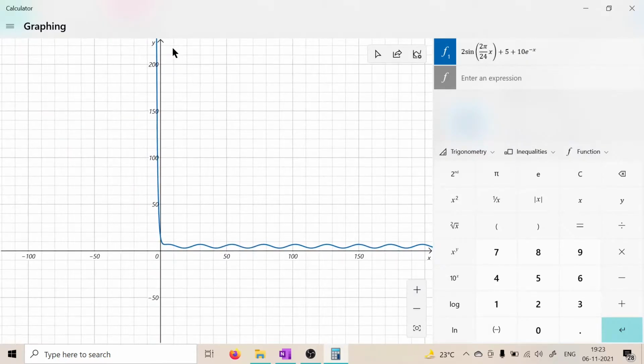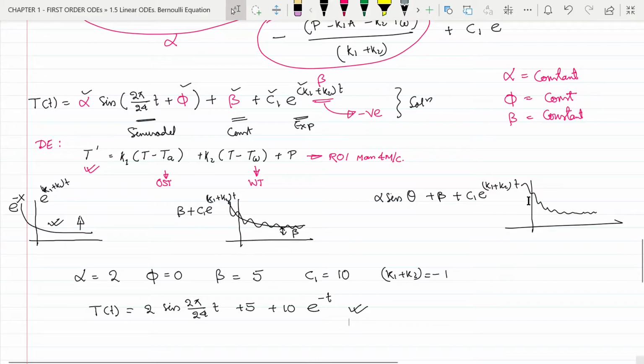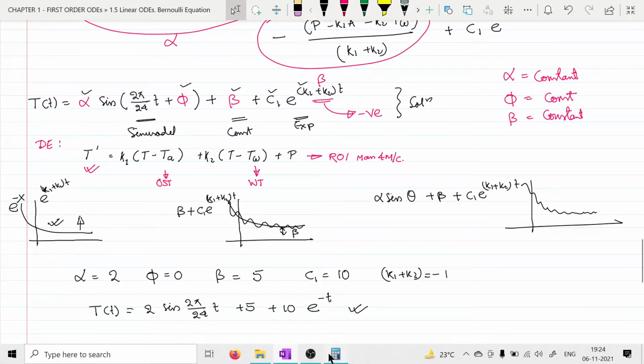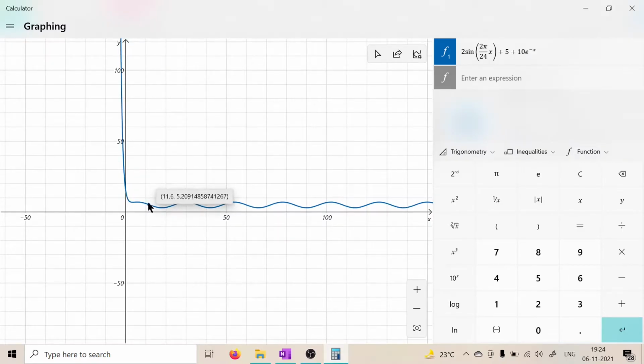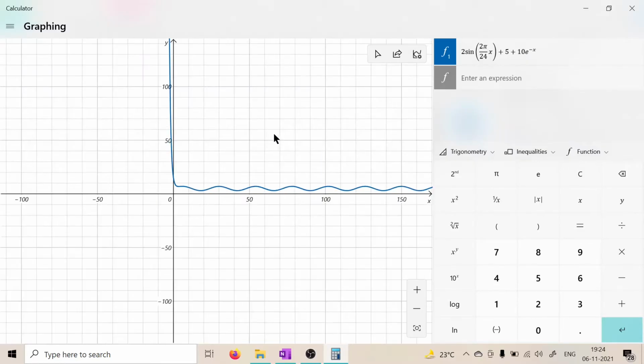We can see that it starts in the negative side from minus infinity, and in the positive side it looks like a sine wave, something similar to this. The reason is obvious because in the graph there are three terms: a positive offset term of 5, an exponential term which decreases with increase of x, and a sine wave which gives rise to the oscillation in the graph.